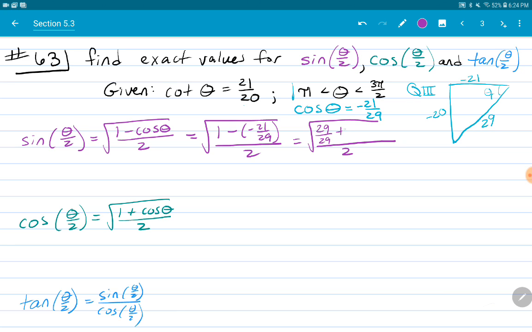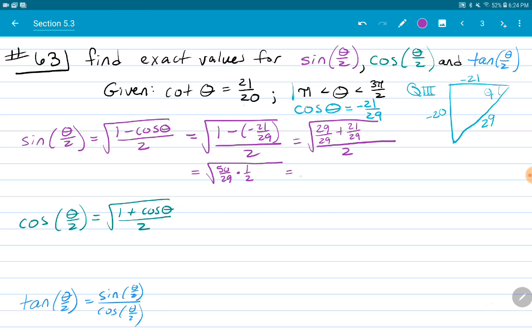Minus a negative is a plus, which gives me 50 over 29 divided by 2, which is the same as times 1/2.